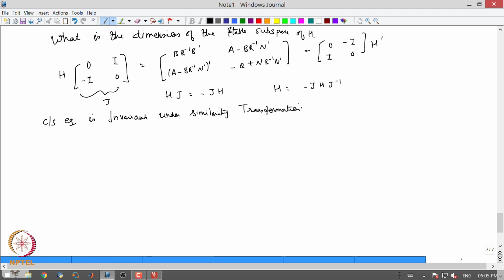Now, the characteristic equation of H is the determinant of sI minus H, which is equal to the determinant of sI plus H, now can be written this way, J H transpose J inverse.